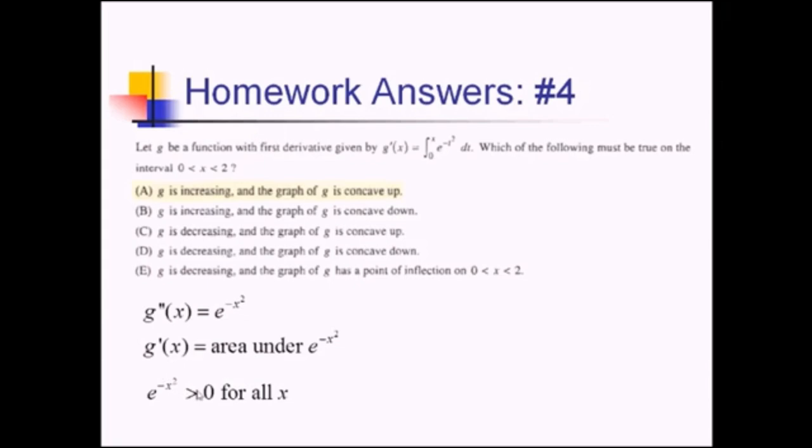So if this is positive, that means then that g double prime is positive everywhere. And if this quantity is positive, that means the area under it, g prime, also has to always be positive. So these things are both positive. Since g prime is positive, that means that the function is increasing. G double prime's positivity means that we're concave up. Increasing concave up, that's answer choice A.